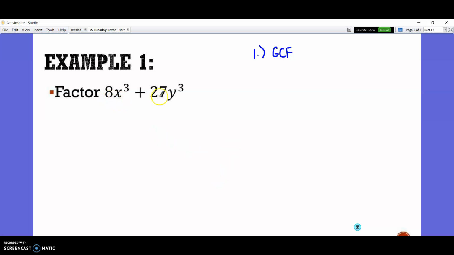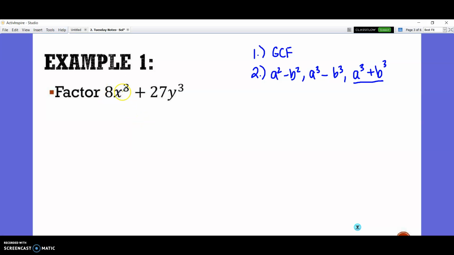And then depending on the number of terms you have, which since I have two terms here, it could be either a squared minus b squared, a cubed minus b cubed, or a cubed plus b cubed. Looking here, it's a plus, so we have to see if it is a sum of two cubes. If it's not, then it's prime.